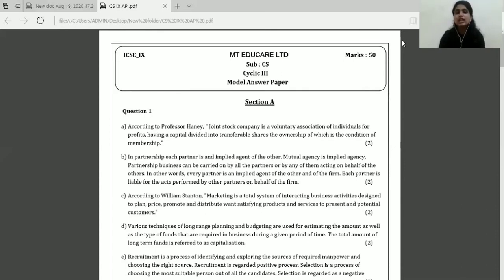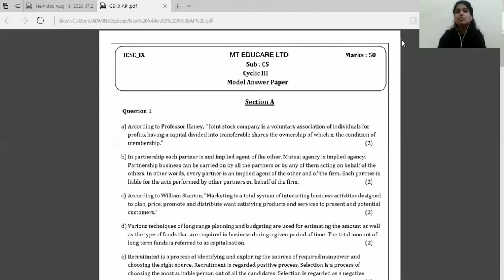Once that is done, keep in mind, this is how you're supposed to write your answer when a definition is asked. You will first state according to Professor Hani. Whoever's definition you're writing, their name must be mentioned and specified. And then the definition given by them must be written in inverted commas, which means you're quoting exactly what they've said.